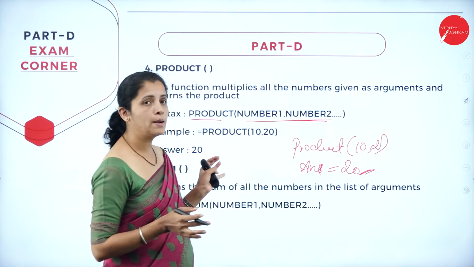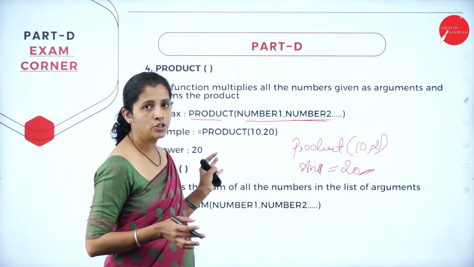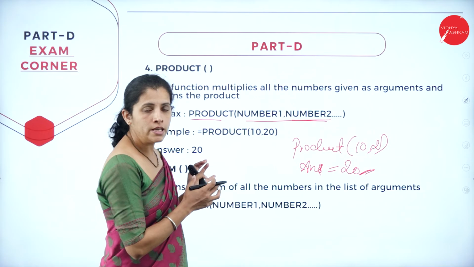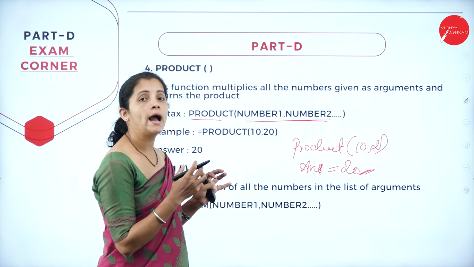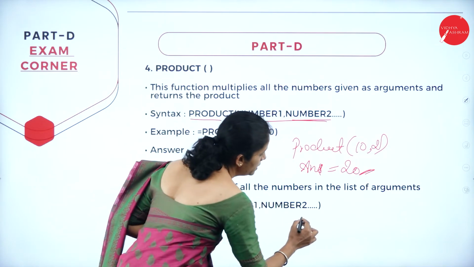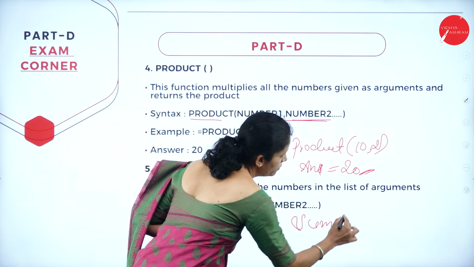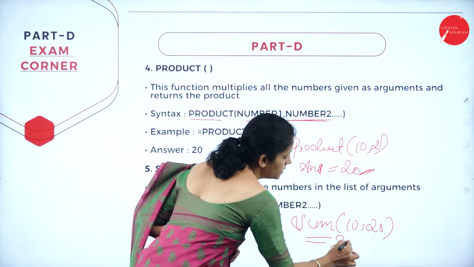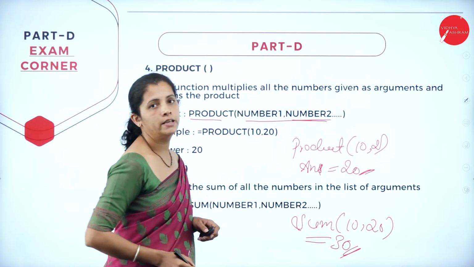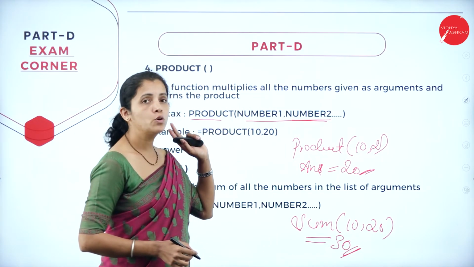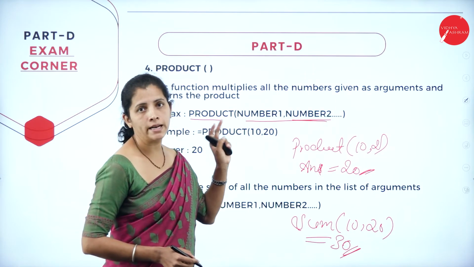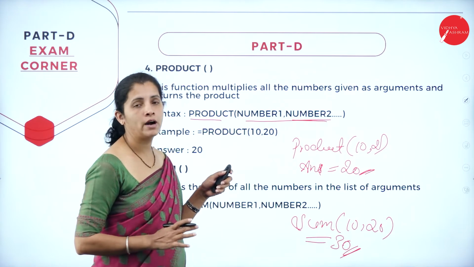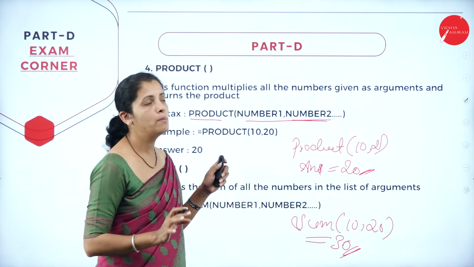So this is also an example of a mathematical function. Now I want to specify the range. By using sum, I can add n numbers. For example, if I write sum of 10 and 20, I'm going to get the result 30. So according to the question, I want to write any 5 mathematical functions along with the example and it carries 5 marks. 5 functions, 5 marks.